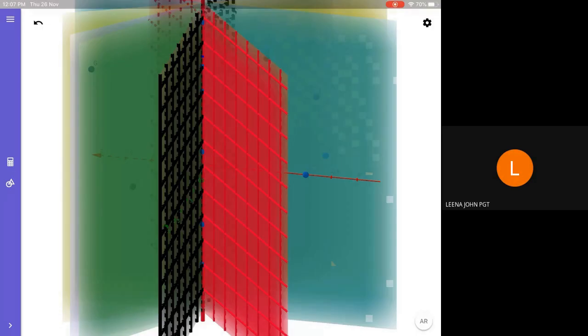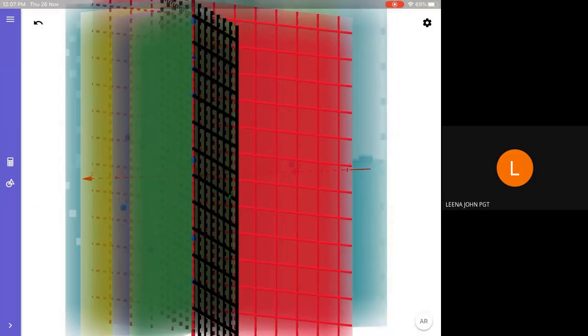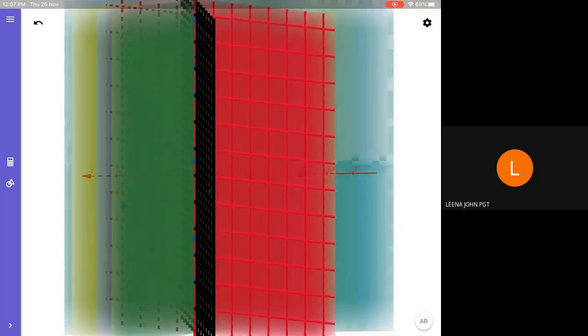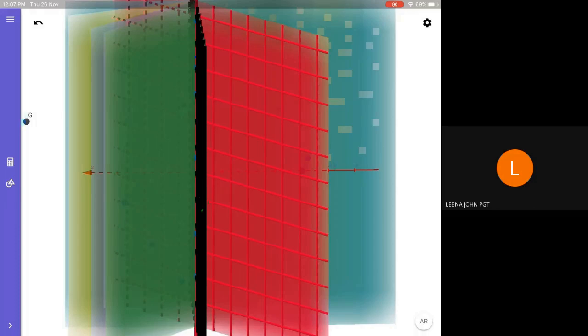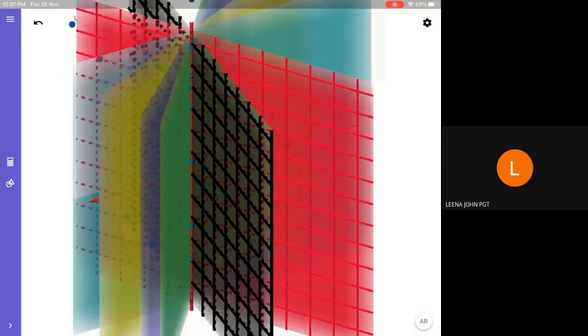The red and black planes are the given planes, and you can see that these two planes do intersect along a line. There is a line of intersection of the two planes. Now, how many planes can pass through this line of intersection?